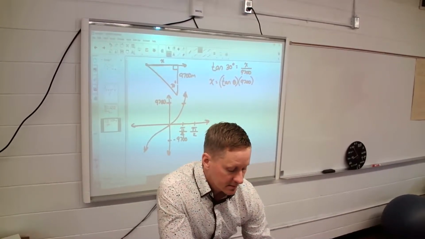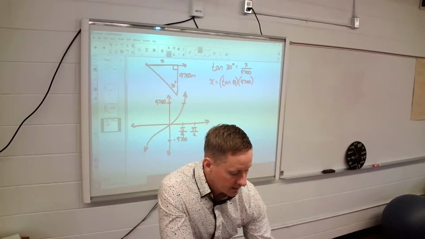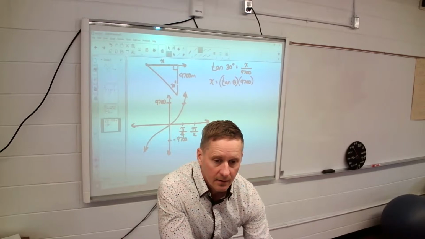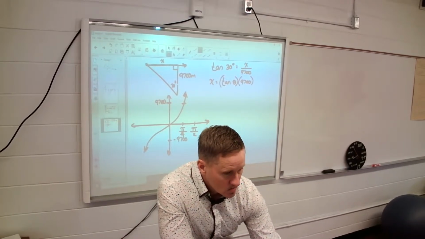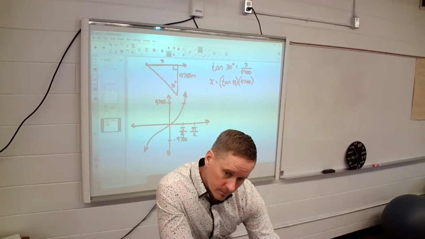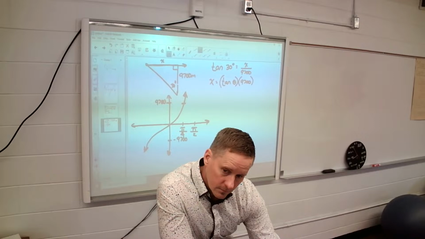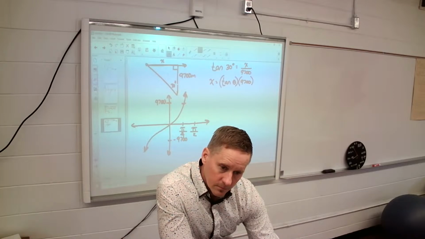Any issues with the sine or cos graphs from yesterday? Identifying them, drawing them? Any issues? Do you have to have specific values for x, or can we just sketch it and then fill in?